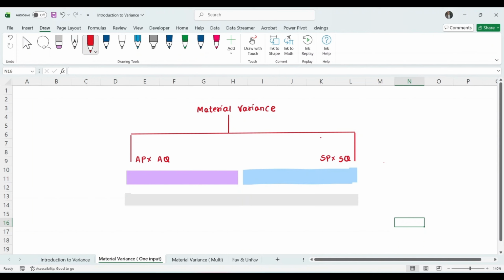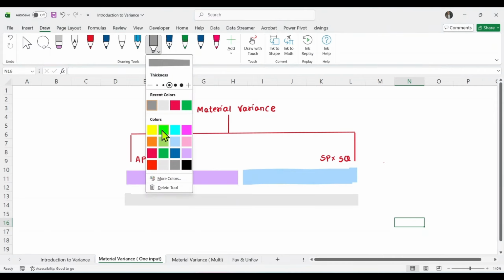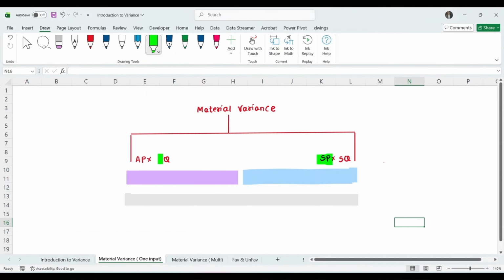Fine. And we have to pick this left side and this right side. We'll take two things: from here we took actual quantity, and from here we took standard price. Done.